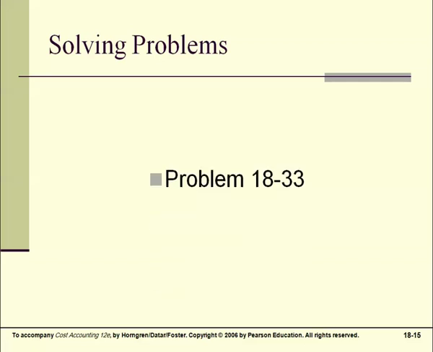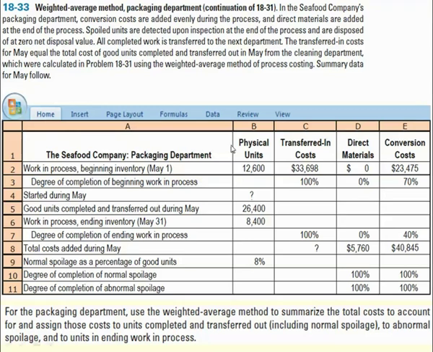Now let's solve problem 1833. Weighted average method, but here for the packaging department, the second department for the same factory or the same company.